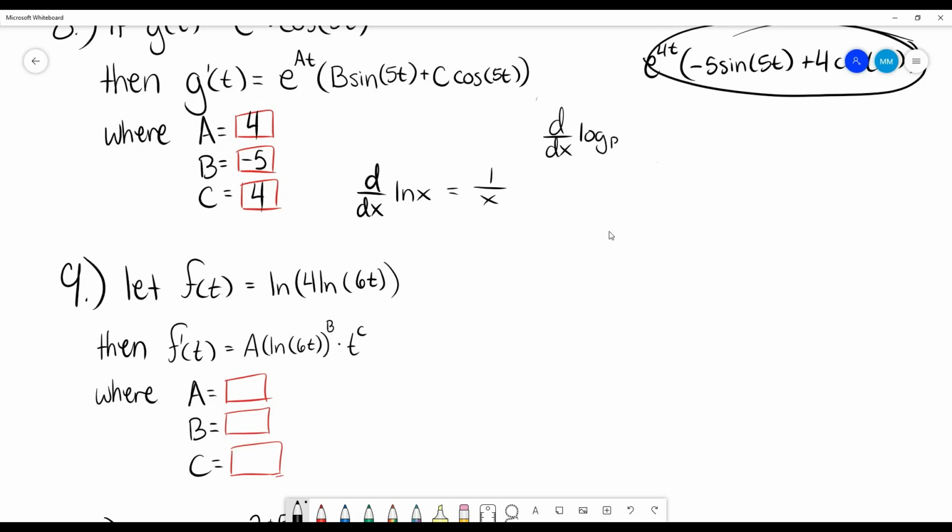If I have a log with a base of b, the derivative of that will be 1 over the natural log of b times x. And that works out if I've got a natural log, because our natural log is the same as a log with a base of e. So if I have the derivative of a natural log, that's a log with the base e of x, which is 1 over x times the natural log of e, which is just 1 over x times 1, or just 1 over x. That's how we see that there.